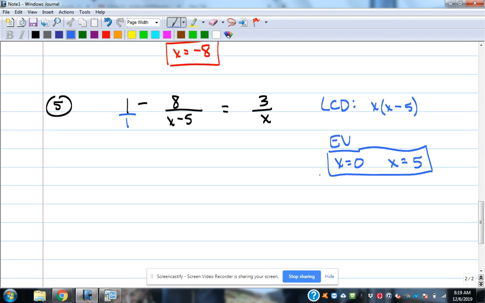Now, once you decide what the common denominator is, you have to fix every fraction so that you get all the denominators the same. So what does the first fraction need? It needs x and x minus 5. And then the second fraction needs x. The third fraction needs x minus 5.